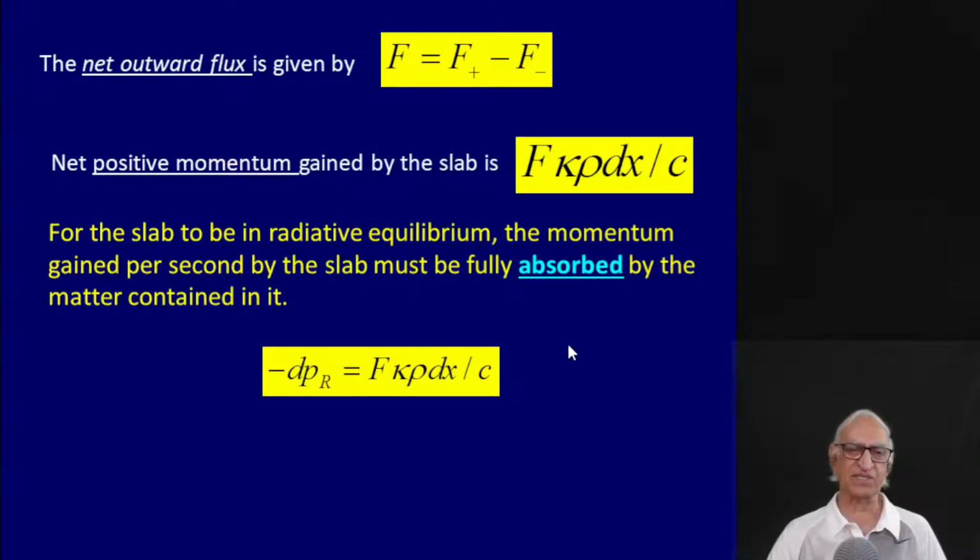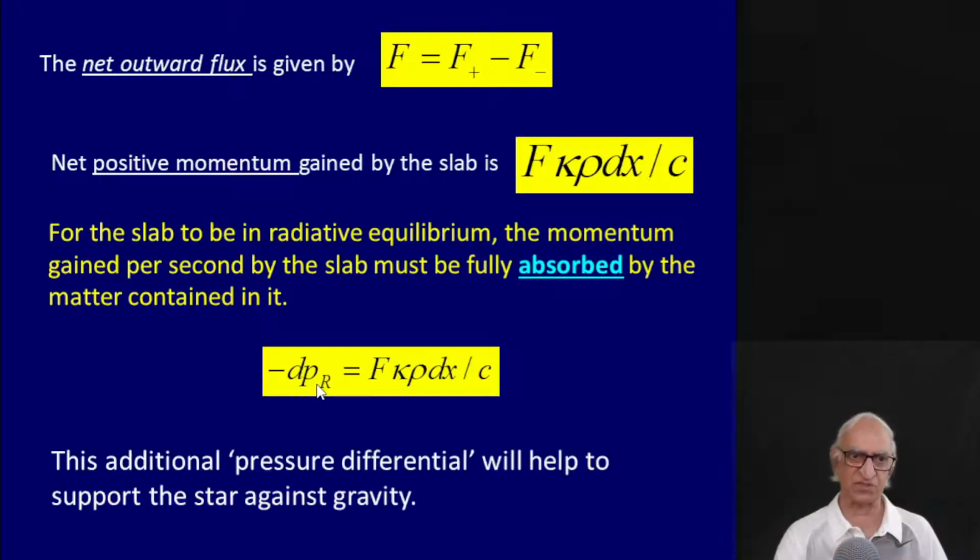So let me say once again, there is a net energy flux which corresponds to a net momentum flux. A fraction of that is absorbed. For the slab to stay in hydrostatic equilibrium, that momentum flux that is absorbed must be converted to a pressure differential across the two surfaces.